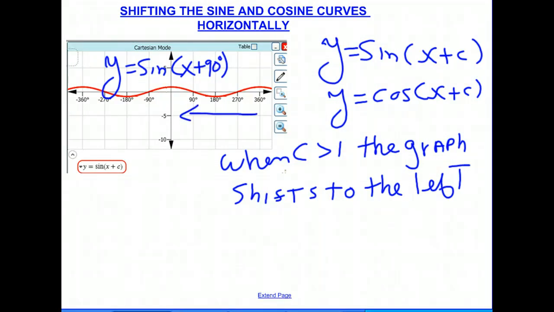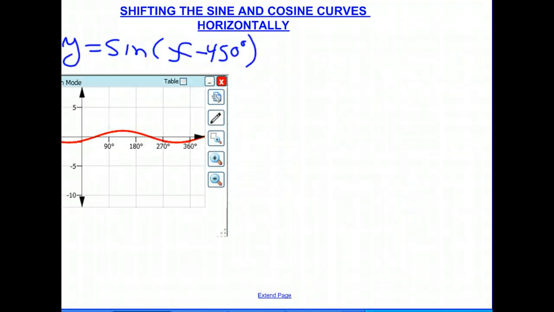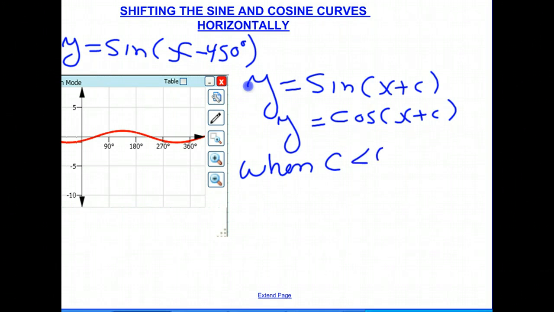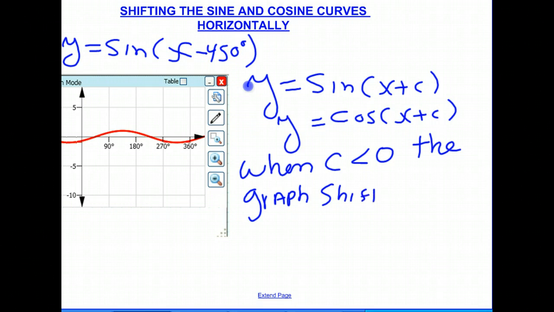However, when c is less than 0, as in this example, when we have y equals the sine of x plus c, or y equals the cosine of x plus c, the graph shifts to the right.